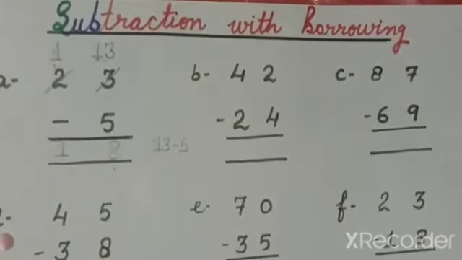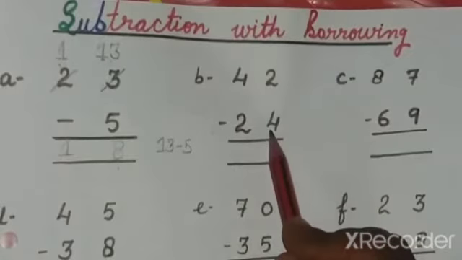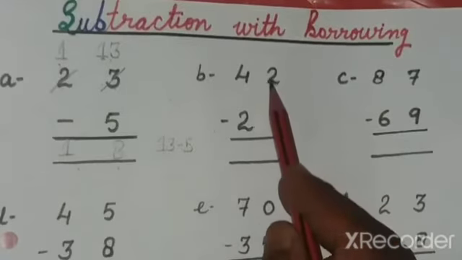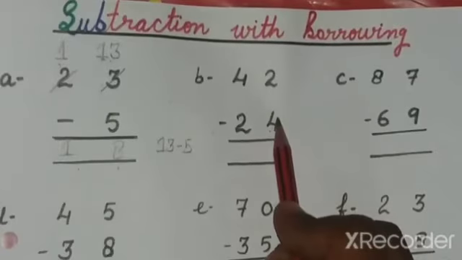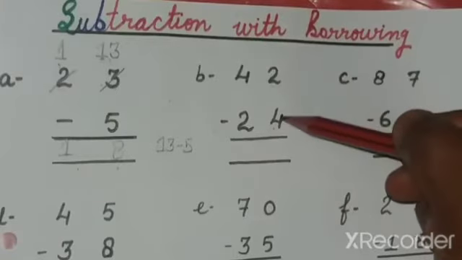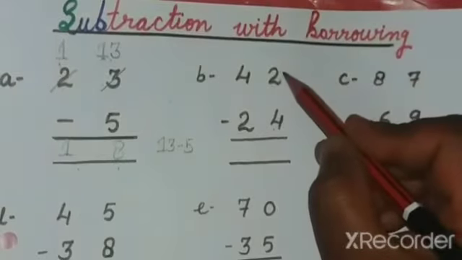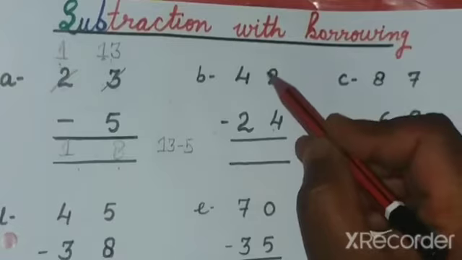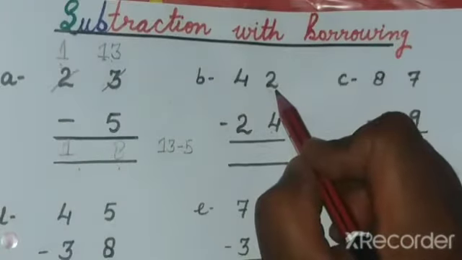Let's do some more sums. Next is 42 minus 24. What is the first part we need to do? We always start from the ones place, and the digits in the ones place are 2 minus 4. Again this number is too small, because we always subtract this number from the number on the upper side.